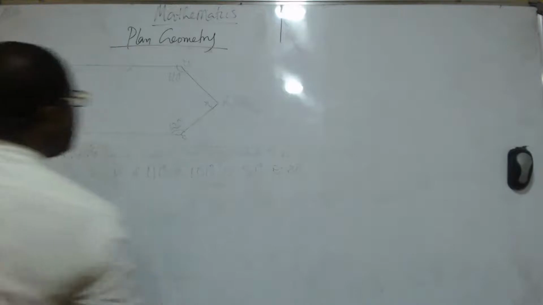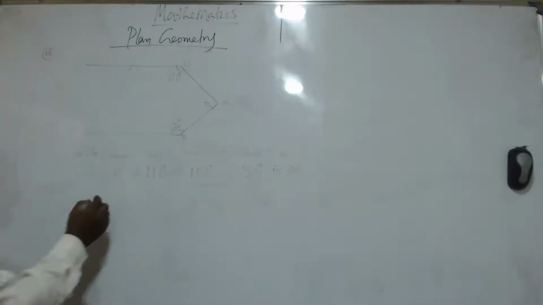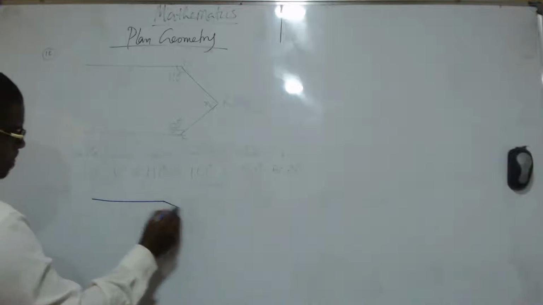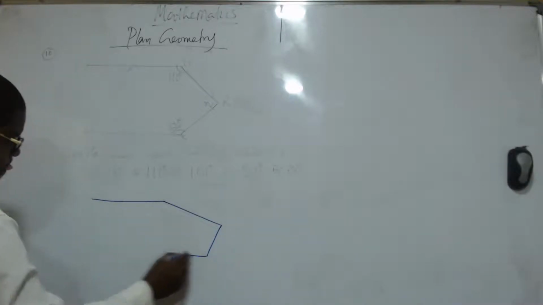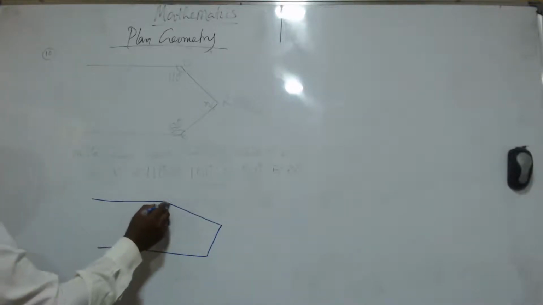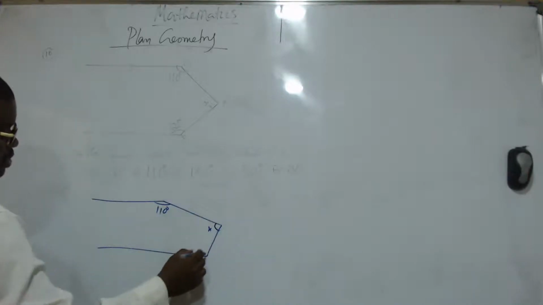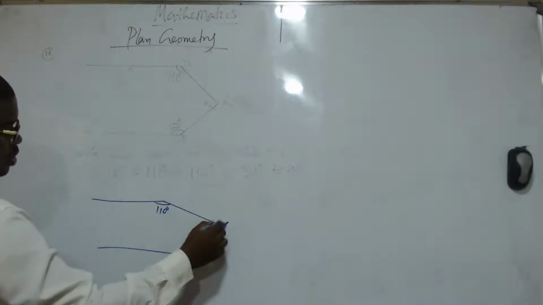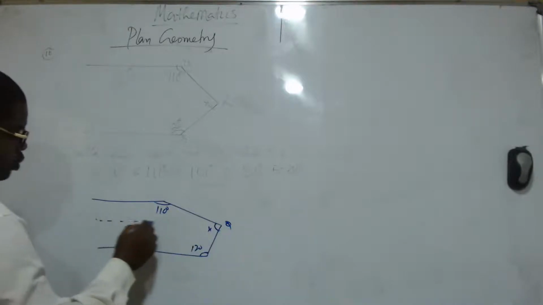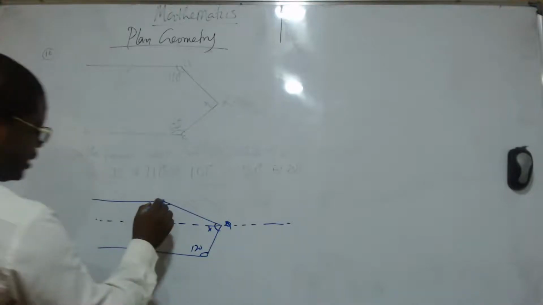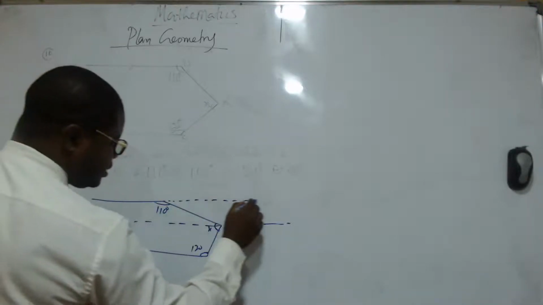Now let's go. Rule it out again. We have 110, we have x, 120, we have q. I say divide it into two equal halves. Extend the lines.